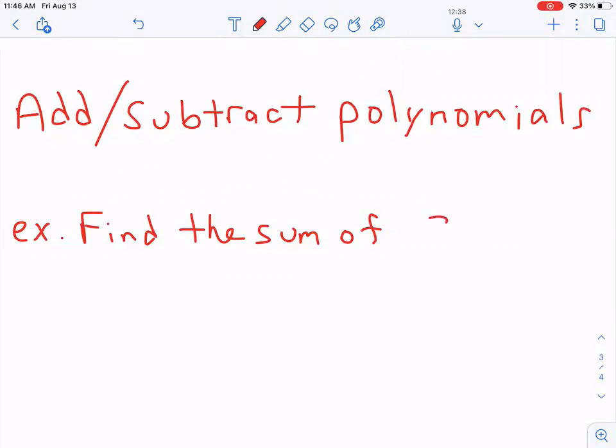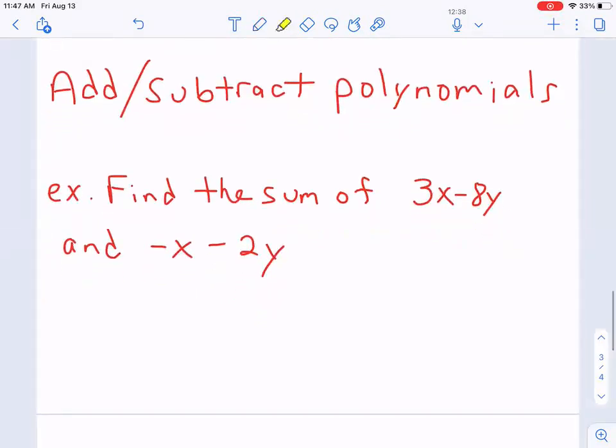So find the sum of 3x minus 8y and let's say negative x minus 2y. All right, well, first is this term right here. Okay, the sum, that means add. So we're just going to add those two things.